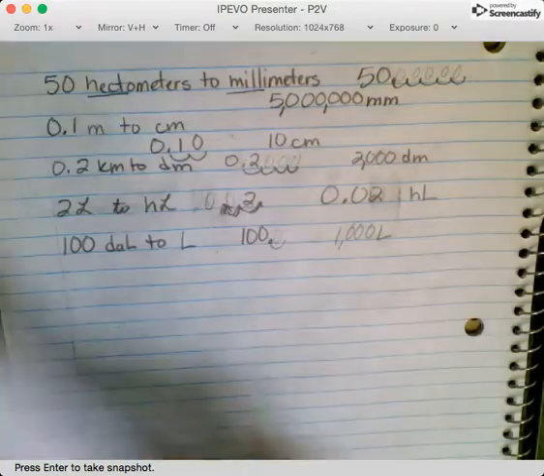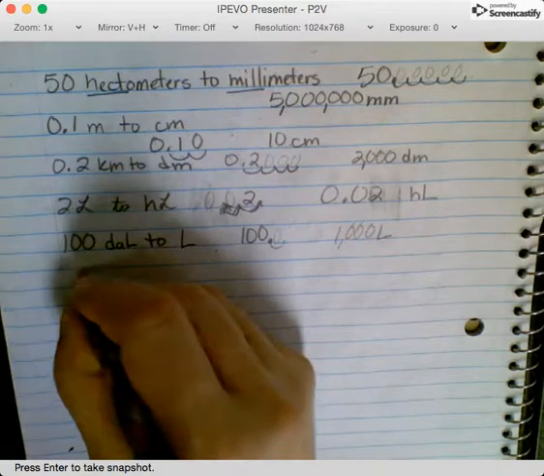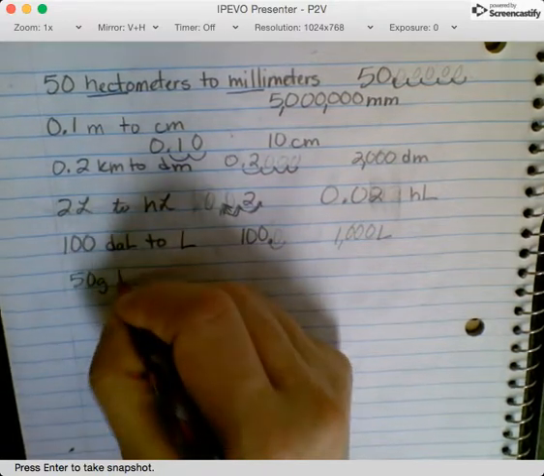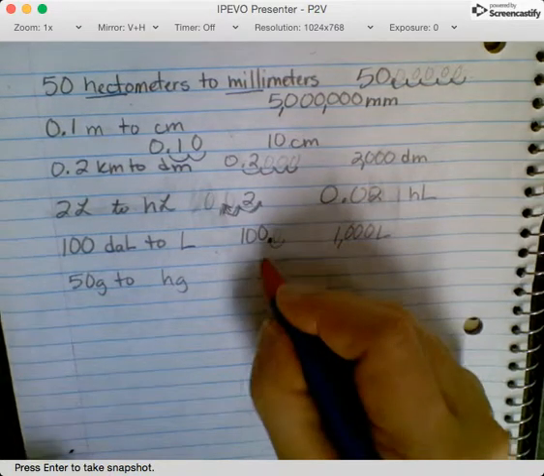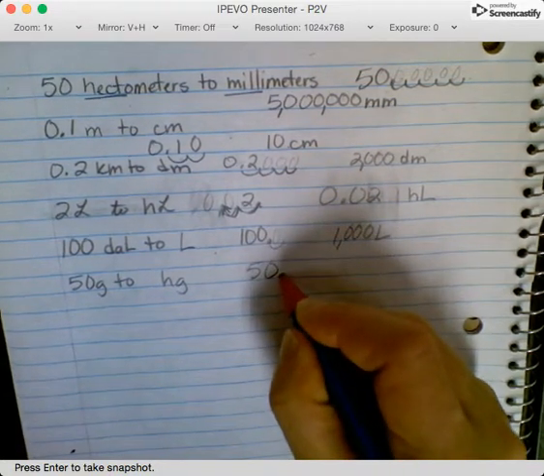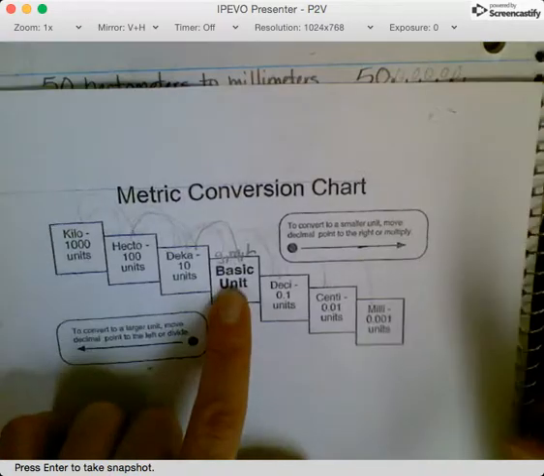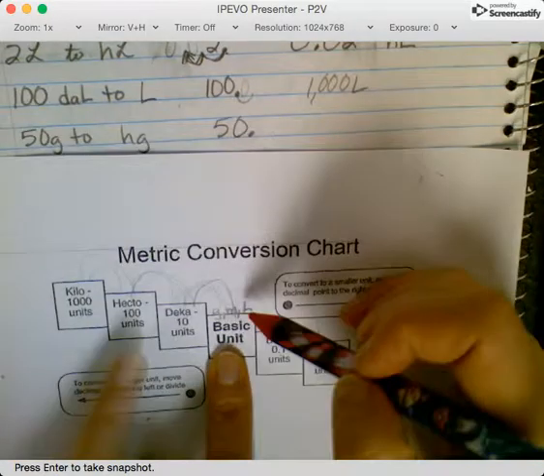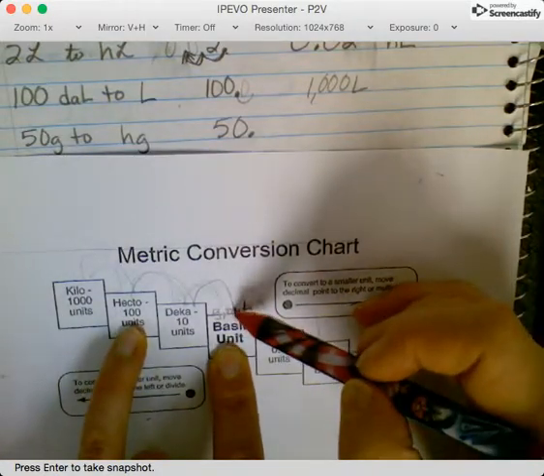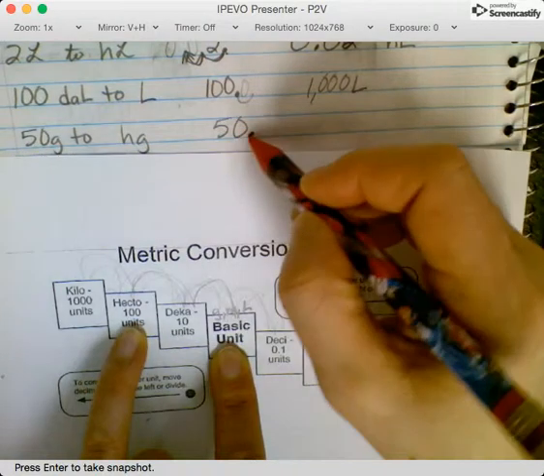Okay, now let's go to the next example. 50 grams to hectograms. So 50 has an imaginary decimal point after it. Grams is the basic unit. Hectograms is right here. So you start at grams, 1, 2, to the left.